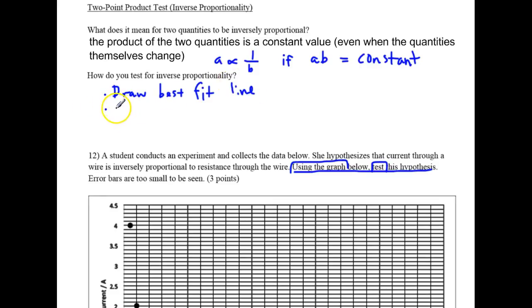Next, you choose 2 points and you find the x and y coordinates of the 2 points on the line. It's good for the 2 points to be separated somewhat, like opposite ends of the graph.